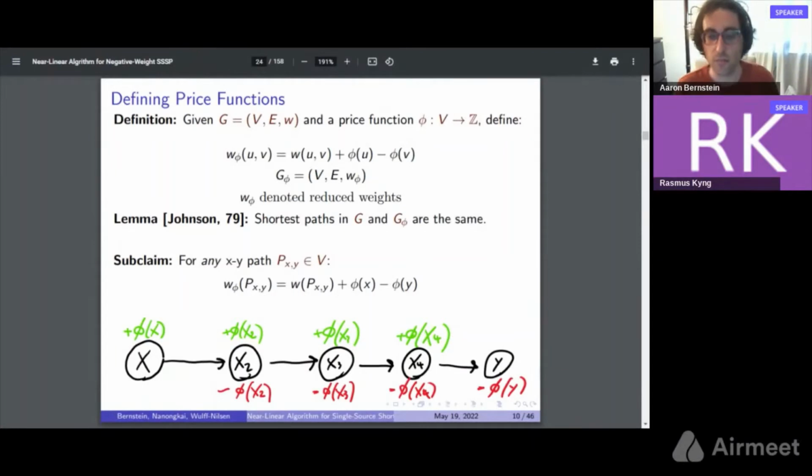The reason is just a telescoping sum: if you look at some edge, say from x2 to x3, the reduced weight adds φ(x2) and subtracts φ(x3). So whenever you leave a vertex, you add its price, and whenever you enter a vertex, you subtract its price. For all the vertices in the middle, all of the prices cancel, and only the price at the beginning and end matters. What this means is that if you look at any two paths from x to y in the reduced graph, they're all shifted by the same additive amount, φ(x) minus φ(y). So whatever path was shortest in the original graph will still be shortest after this shift.